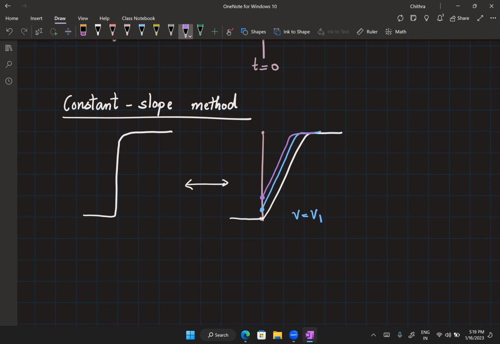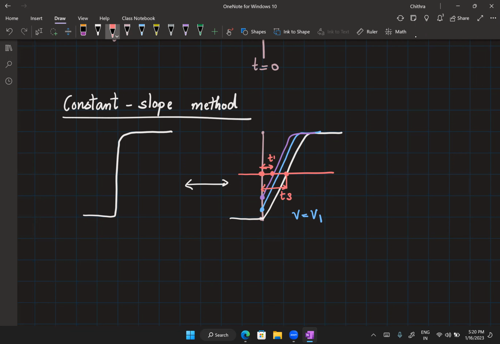So now basically, if I again consider this 50% as my threshold point, you will see that all of them will have different delay. So this is my T1 and this is my T3, right? So now this is obtained by making sure that your signal is not starting from ground, but from a different voltage.